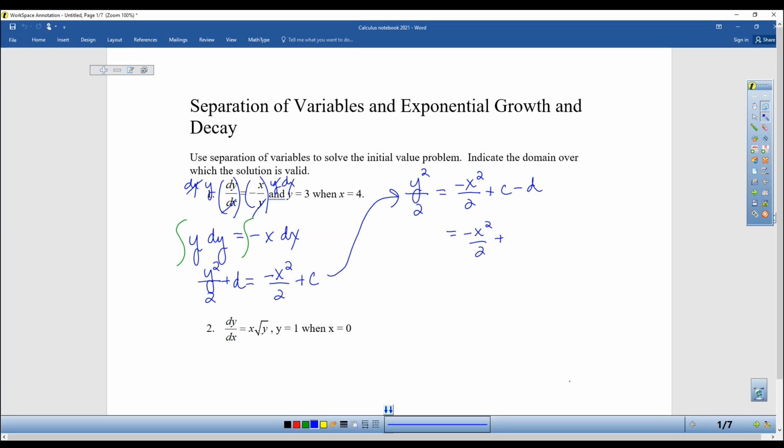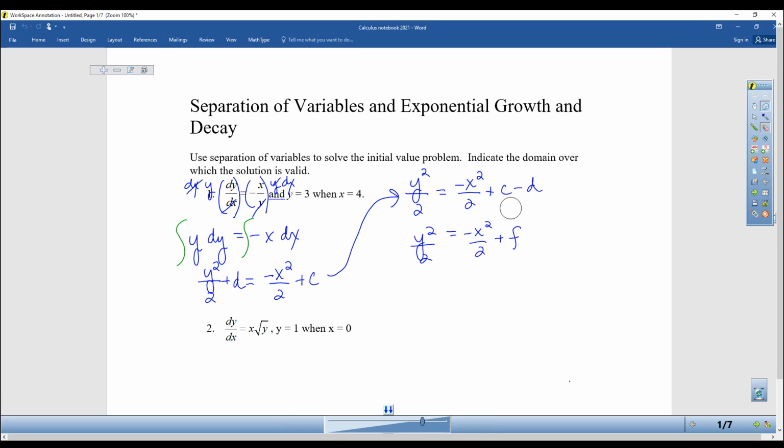Well, maybe not e, because e actually has something. F. Doesn't really matter. The bottom line is, whether or not you add c to one side and d to the other, or just add something to one side, do you see how it doesn't matter? Because if you add it to both sides, you can just put it together and still just say you're adding yet a different constant to the other side.